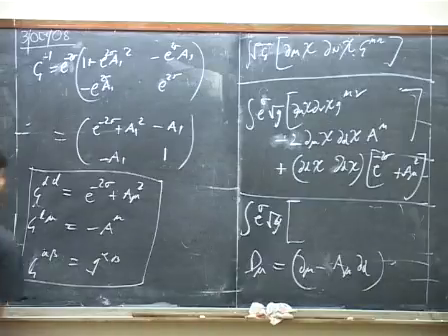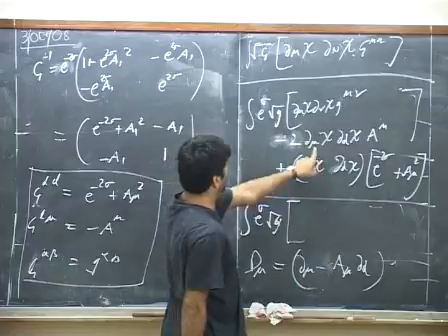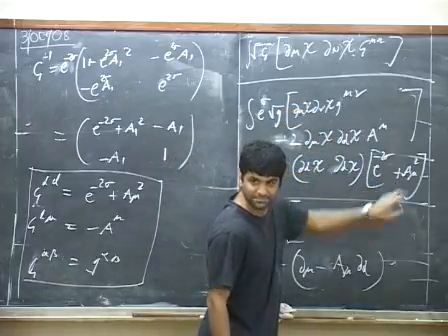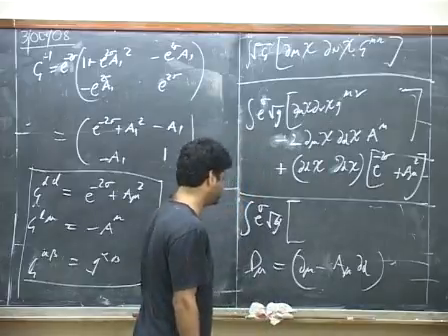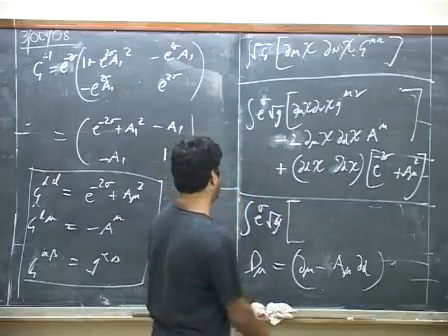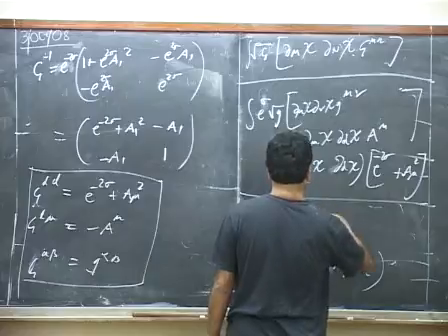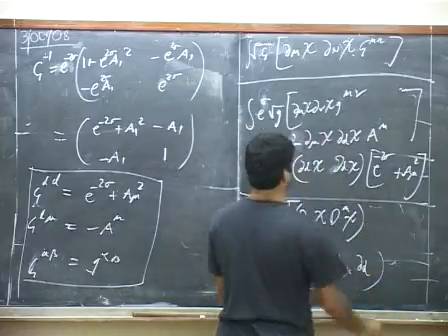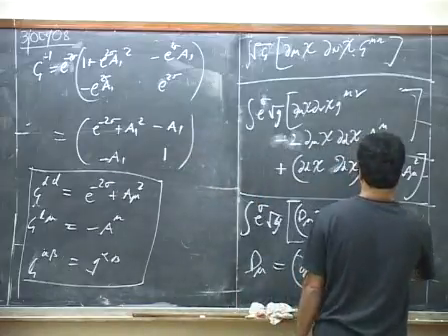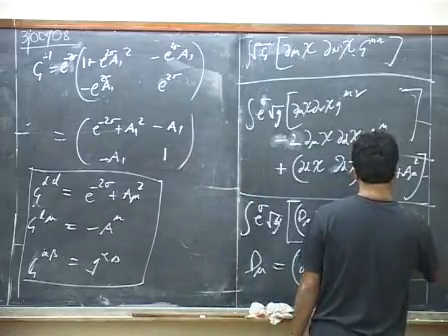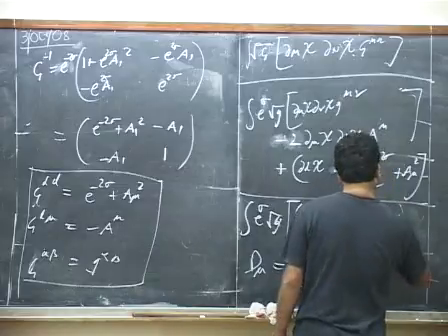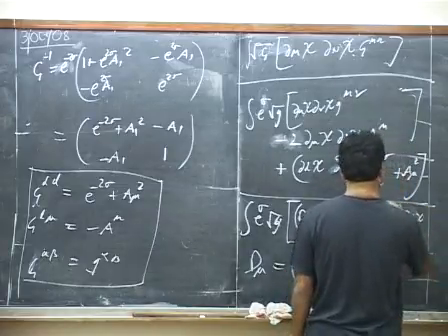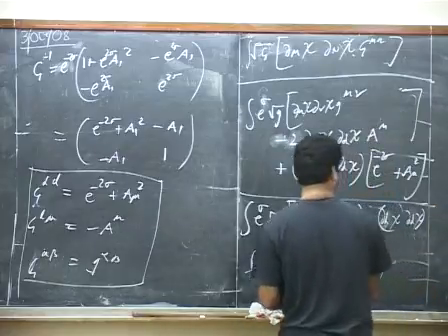Okay? Now, can you see that this term, and this term combined together to give me D mu chi, D mu chi. And what we're left with in addition is plus del d chi with e to the power minus sigma.